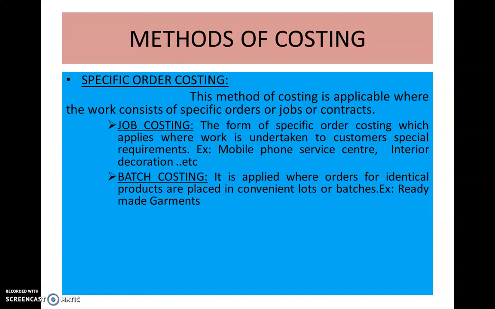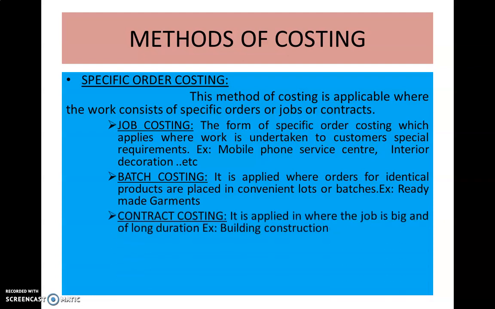The total cost of a batch is ascertained and divided by the number of units in the batch so as to know the cost per unit. All the units of a particular batch are uniform in nature and size. This type of costing is adopted by industries producing ready-made garments, medicines, biscuits, spare parts, calculators, etc.